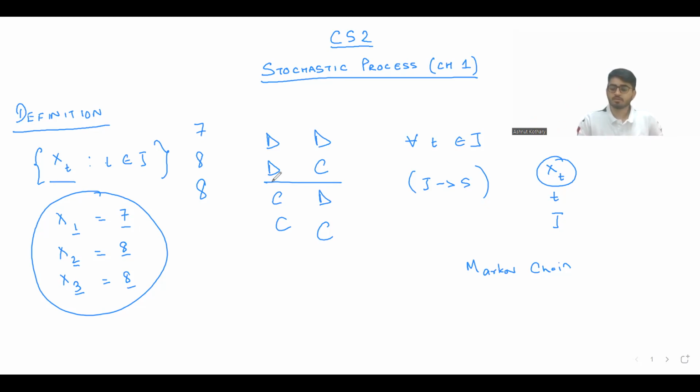So next one, third one, continuous state space, discrete time set. Give an example of this from the point of view of a retail shopkeeper.